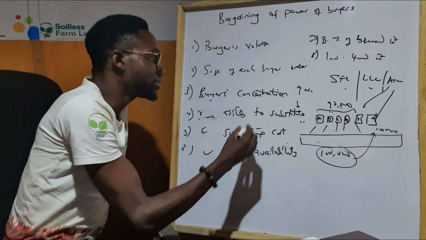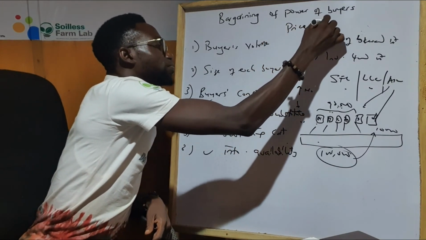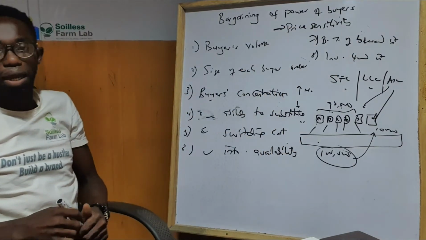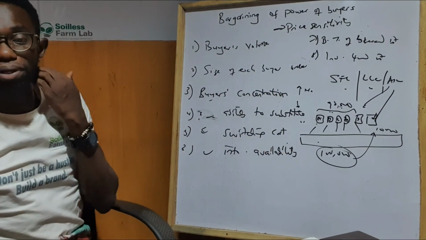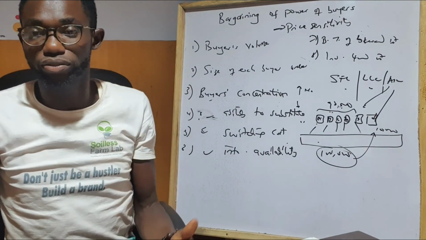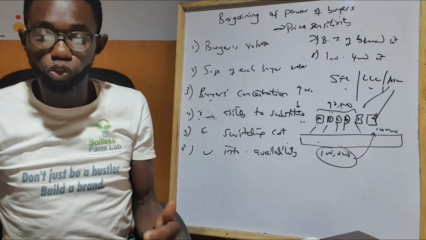Then number 9, the final one under buyer's power, is the price sensitivity of buyers. How sensitive are they to price? So there are people that are always looking for the bottom price of everything. So what is their price sensitivity? That is a huge one.